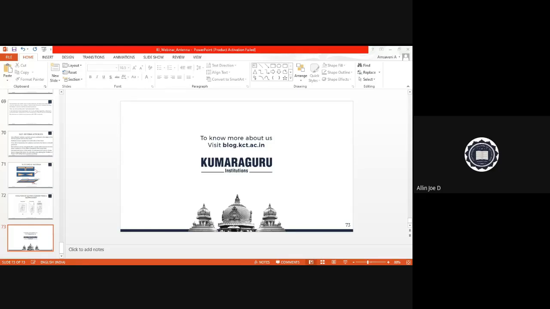How are antenna efficiency and intrinsic impedance related? Intrinsic impedance, you're saying, is the characteristic impedance of the transmission line.